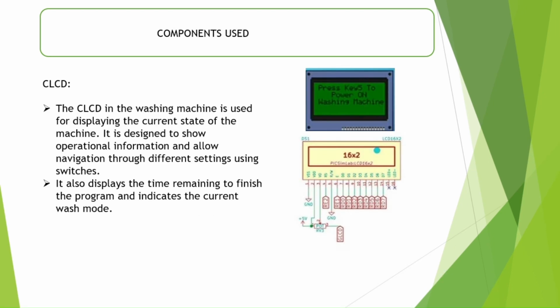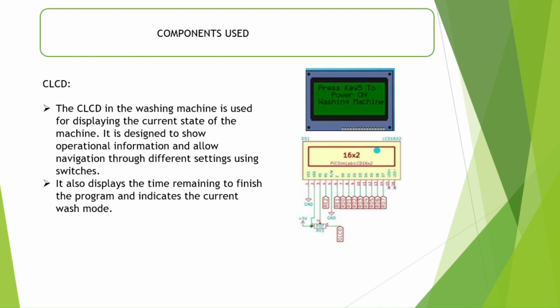Continuing with the other components used in a washing machine simulation, let's now focus on the CLCD, which stands for the Character Liquid Crystal Display. The CLCD is essentially the screen of a washing machine, and its main job is to display the current state of the machine.